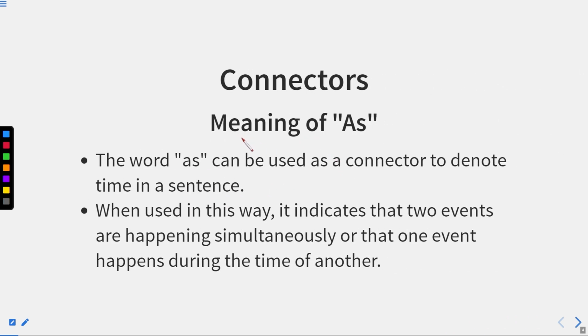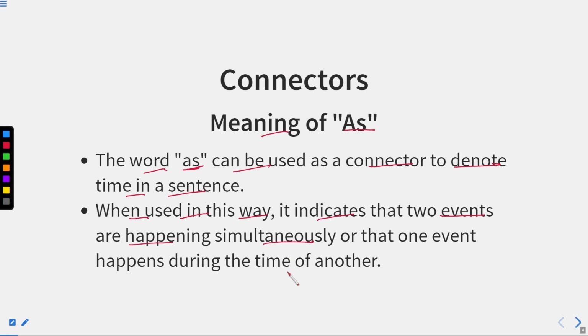Now first of all, let us discuss meaning of as. The word as can be used as a connector to denote time in a sentence. Okay, it means when we use a connector to suggest the time, to denote time, we use as. When used in this way, it indicates that two events are happening simultaneously.